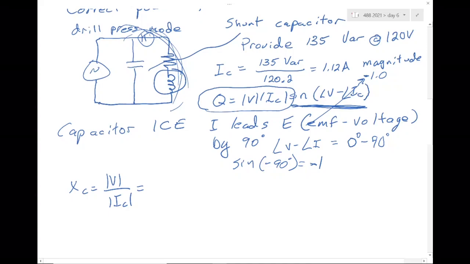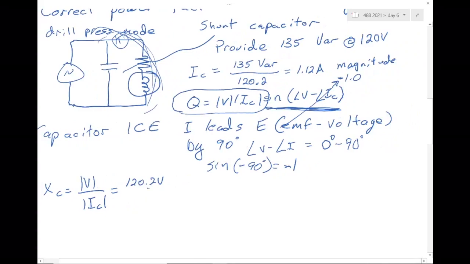So when I do that, I get 120.2 volts divided by 1.12 amps. And that gives me a value in ohms of 107 ohms.